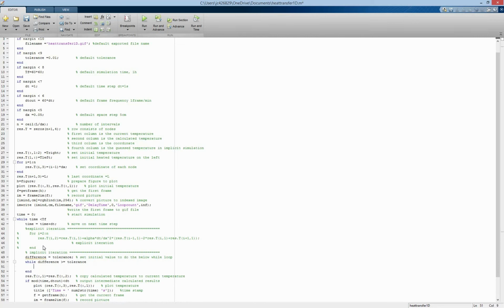And I keep looping until the difference is smaller than the tolerance. So at the first time, I set the difference to 0 to compare later. And then I use the implicit equation to get the value of f.